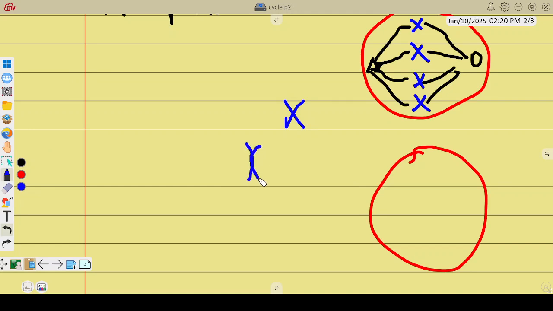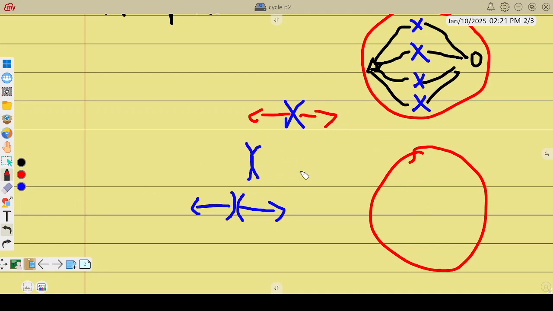These are the chromosomes. One side will be pulled, and then the other side will also be pulled. So this is what is happening. One chromatid will be pulled, and the other chromatid will be pulled in the other direction.